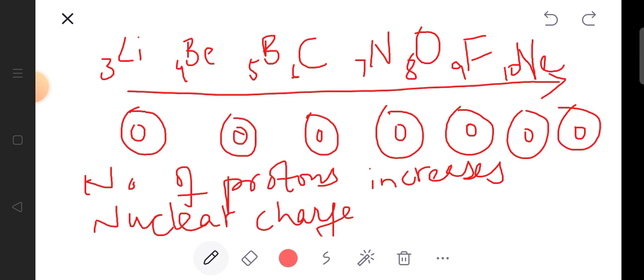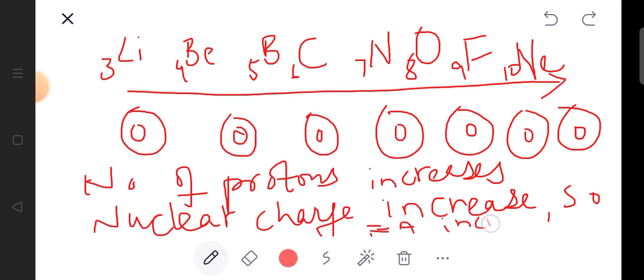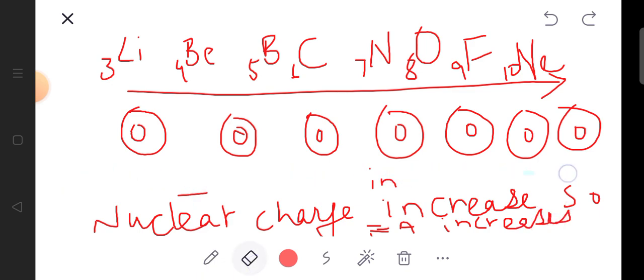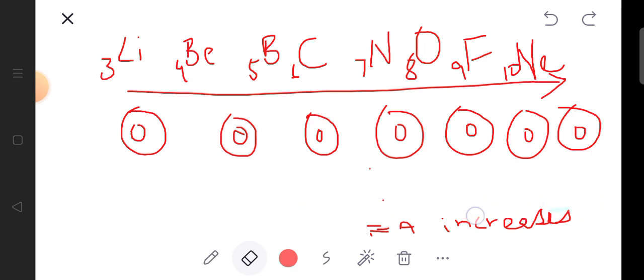So more energy has to be released by the electron. So we can say that along the period, due to the increase in nuclear charge, electron affinity increases. Along the period, electron affinity increases due to the increase in nuclear charge. And why does the nuclear charge increase? Because of the increase in atomic number.